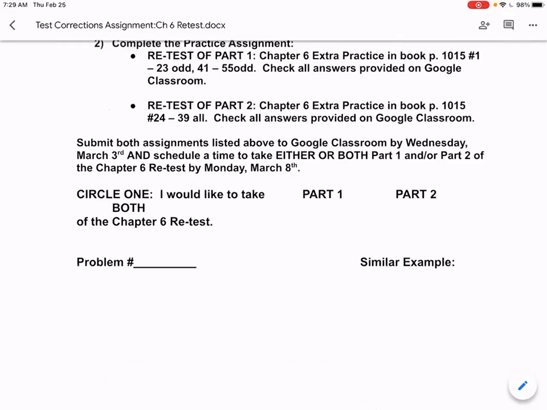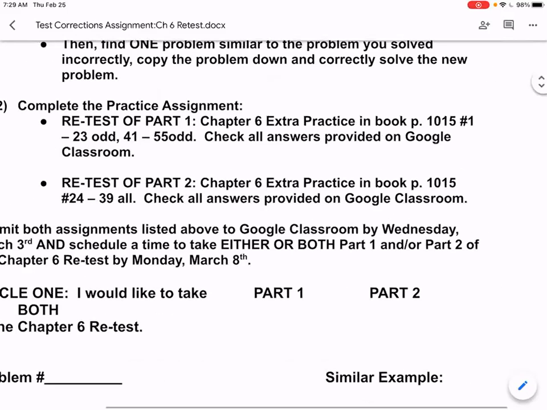And then to do some extra practice, because the whole goal of doing test corrections and retaking a test is so that you are fully learning and understanding and comprehending the material. So depending on which portion you would like to do, I have different options of problems for you to complete as practice problems to prepare you to retake the test.